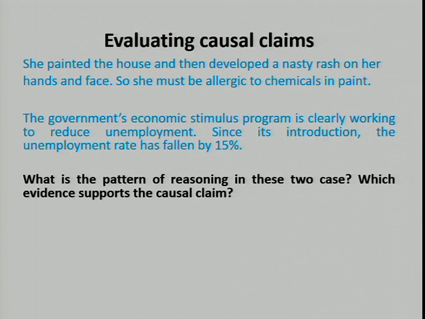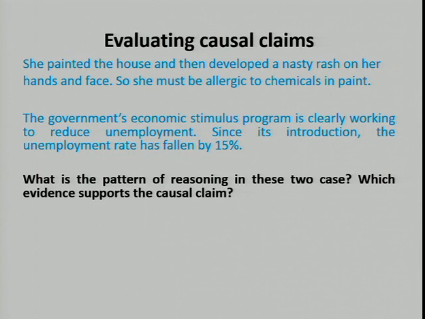In both cases, there is a causal claim, right? The rash must have been caused by the paint, and the program must have worked to actually reduce unemployment rates, but no other explanation is considered.